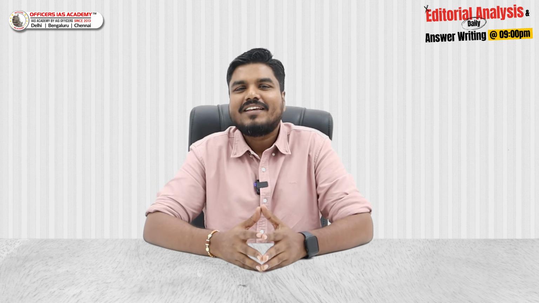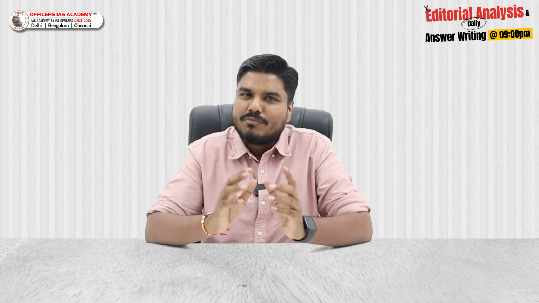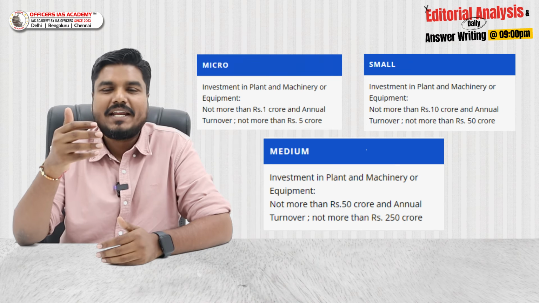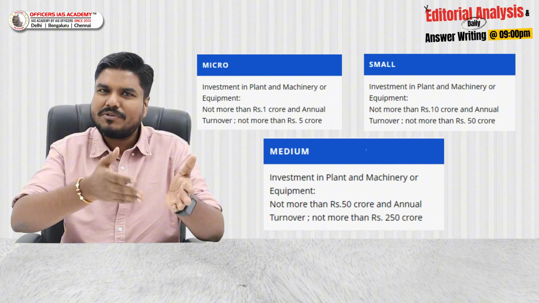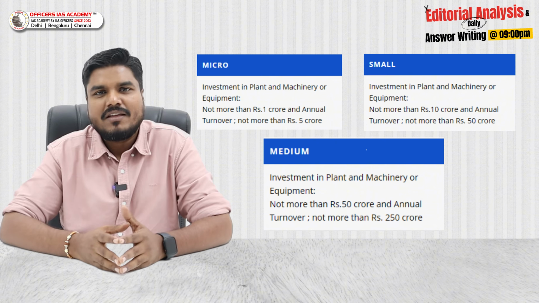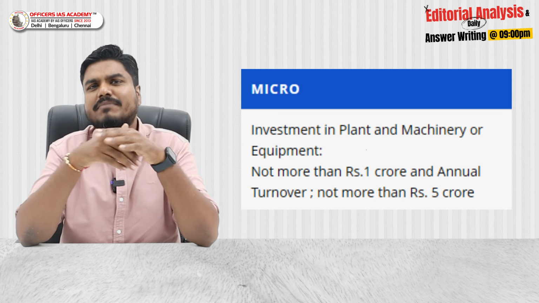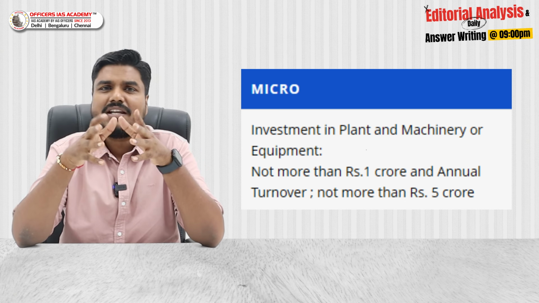So MSMEs are small businesses which are categorized into three: micro, small, medium enterprises. Micro means enterprises which have an investment less than 1 crore and turnover less than 5 crores.